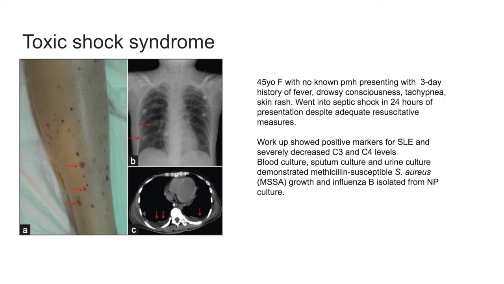So there was something superimposed, and they ended up finding it was toxic shock syndrome, as this patient not only tested positive for Staph aureus, but also tested positive on nasal swab for influenza. In her case, it might have been that influenza was first there and paved the way for colonization of the Staph aureus, causing a lot of toxic proteins to be released and ultimately trickle down to toxic shock syndrome and a lupus flare.